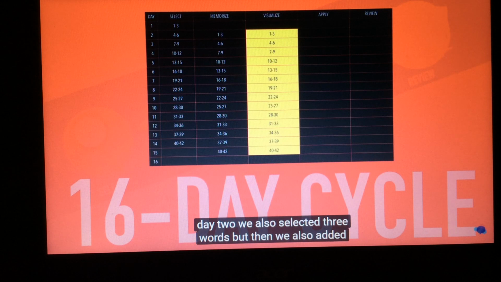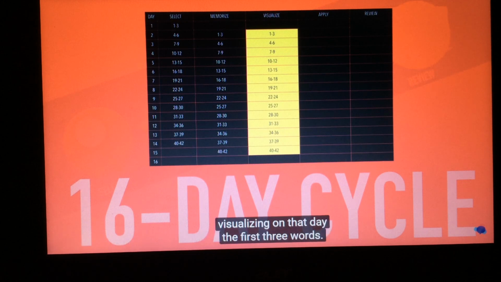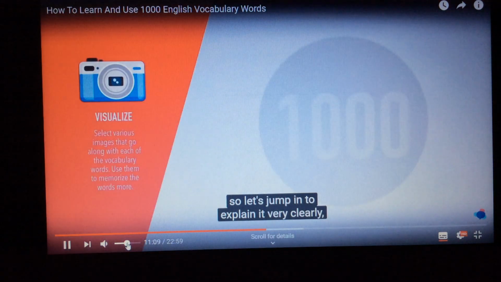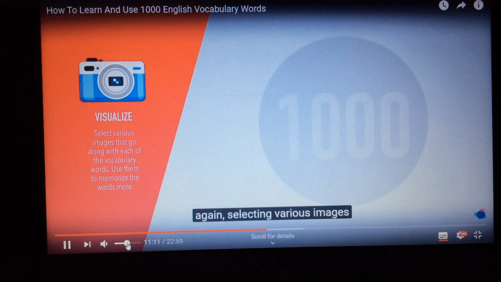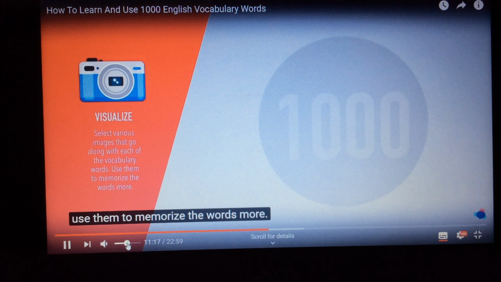Day 2, we also selected 3 words, but then we also added the memorizing of the first 3 words. And we're also going to be visualizing on that day, the first 3 words. Now, again, I'm going to explain it very clearly.